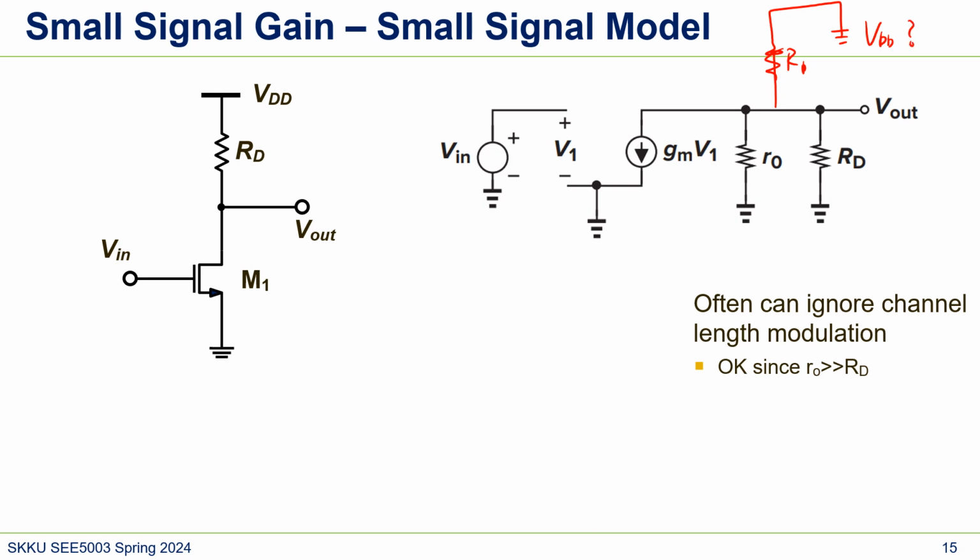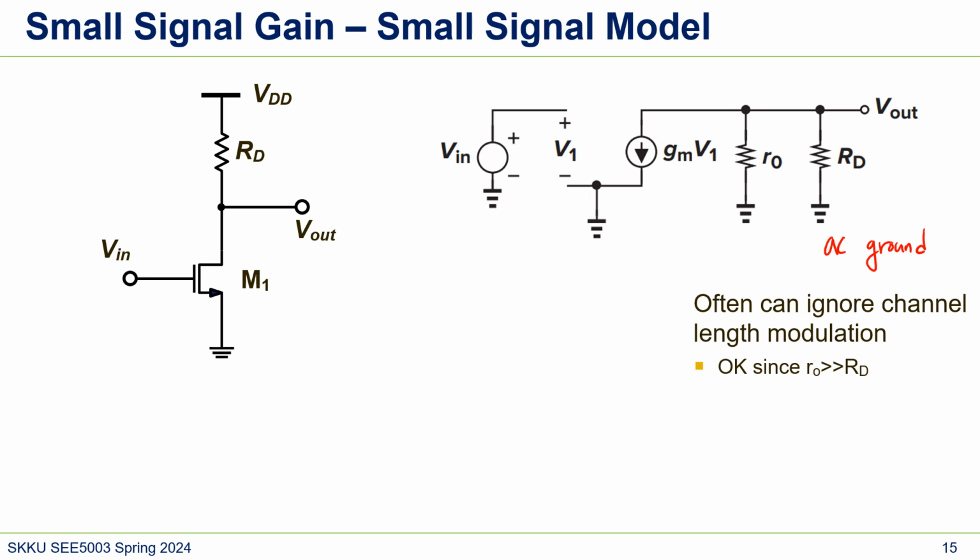Can we just still consider it as ground? Yes, we can. So they're all the same ground. We actually call this AC ground, okay? In terms of AC, they're the same. They're just not moving. Because basically small signal model is kind of a differentiated version of the circuit.